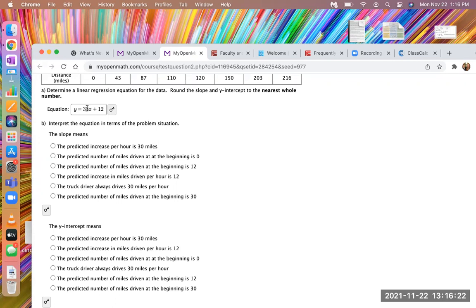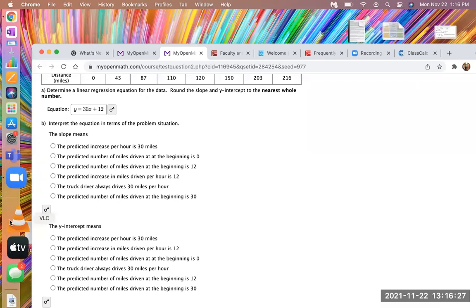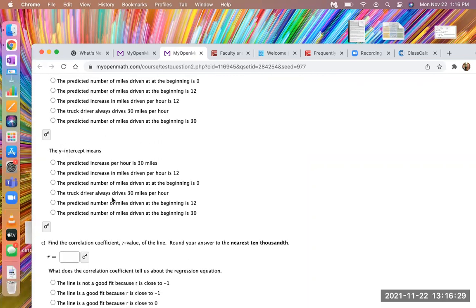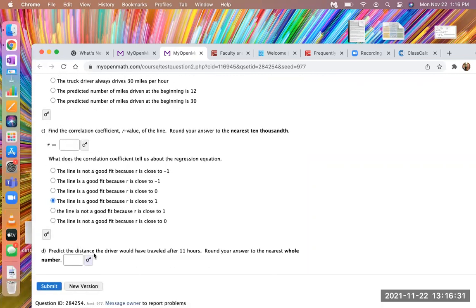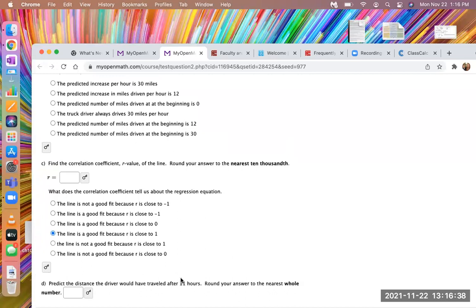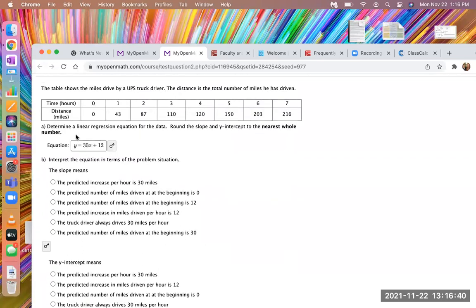And we just have to plug in the value. It says predict the distance the driver would have traveled after 11 hours. So do we plug in, is the 11 hours the X or is it the Y?